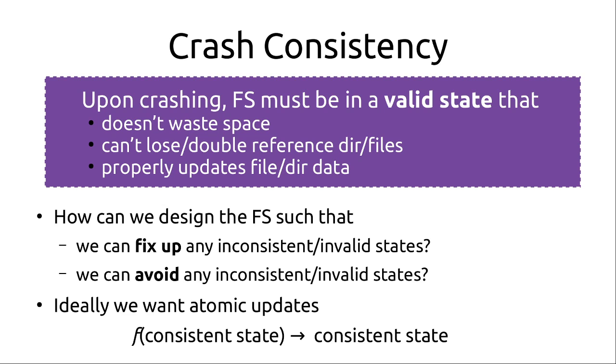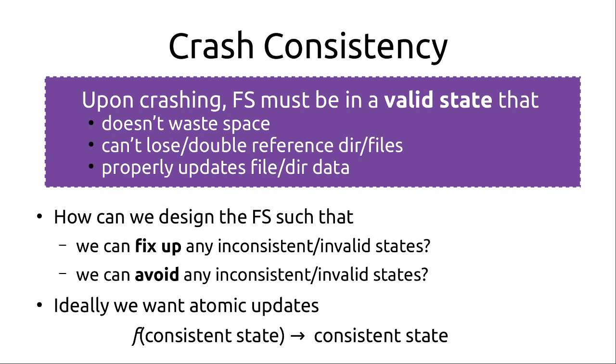And the whole idea here is that upon crashing, the file system must at all points in time be in a valid state. Valid state can mean a lot of things, but it must include, for instance, that space isn't leaked or wasted in some sense. I don't mean waste here as in external fragmentation.